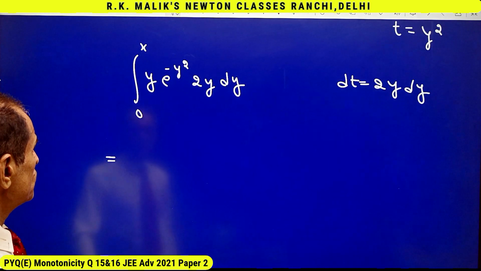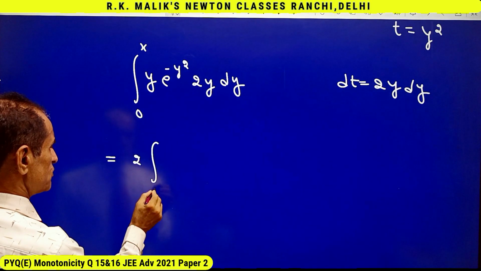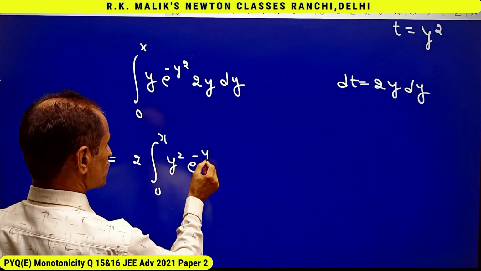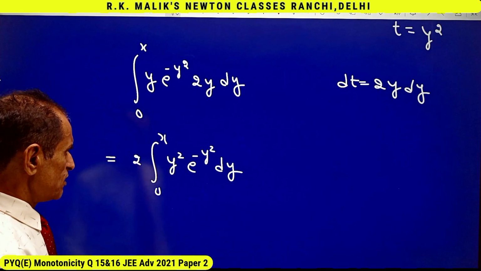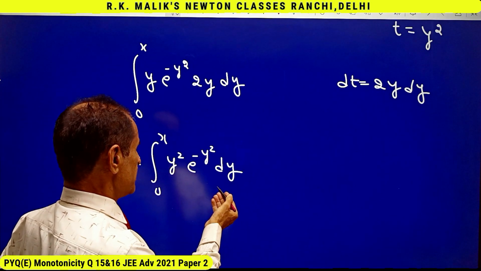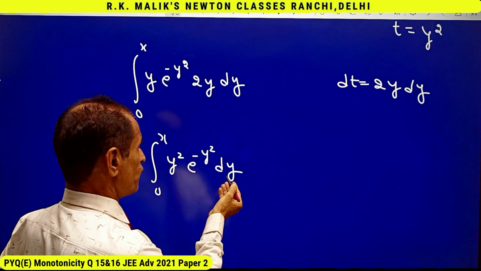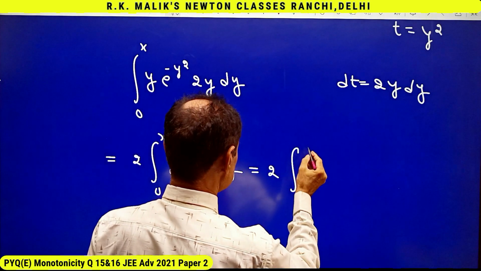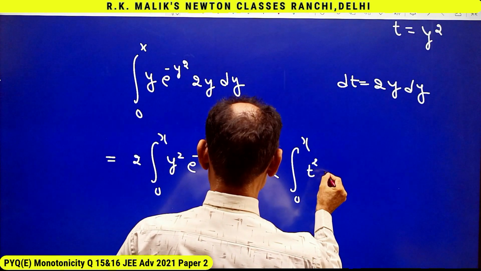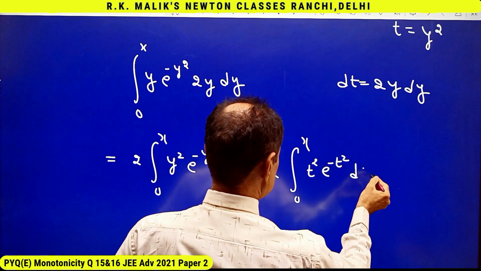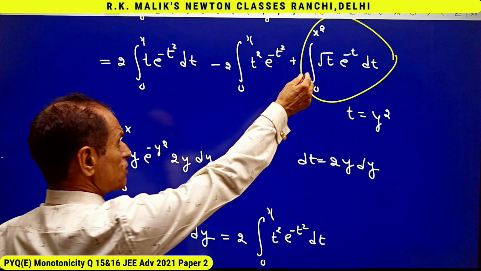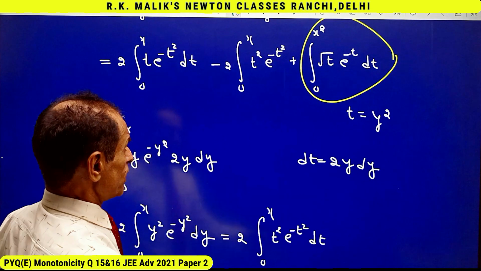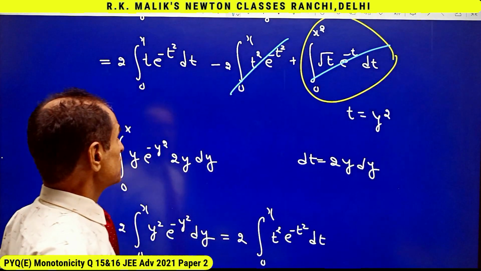This is equal to 2 times the integral from 0 to x of y² e^(-y²) dy, and using the first property of definite integral, just changing the name of the variable makes no difference. Therefore, I can write it as 2 times the integral from 0 to x of t² e^(-t²) dt. Hence, I have got the value of this in this form, and these are the same. Therefore, I can say this and this will get cancelled.